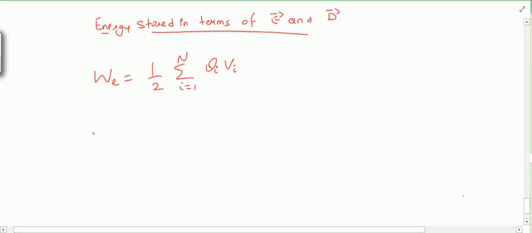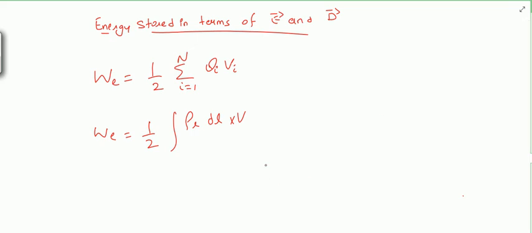Now this is for point charges. If instead of point charges, it is a line charge or surface charge, the same expression can be modified: for a line charge it will be rho l dl with V, right?